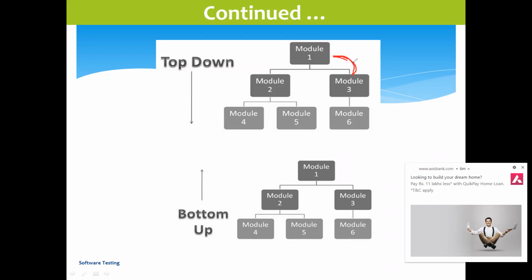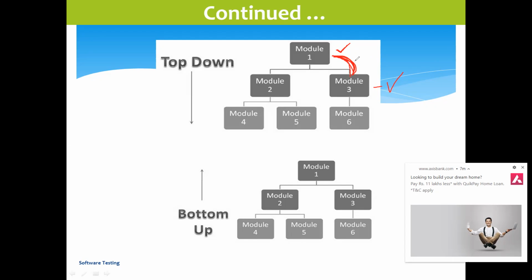Only if we connect them can we get it, otherwise not. Individually this may be working, suppose, but when you work with this module it is not working because some information is required from module 2 also, module 3 also, and only then will it work. Suppose module 1 is not yet completed, it is under progress, maybe it will take 2 or 3 days.